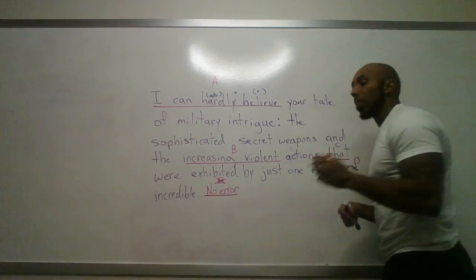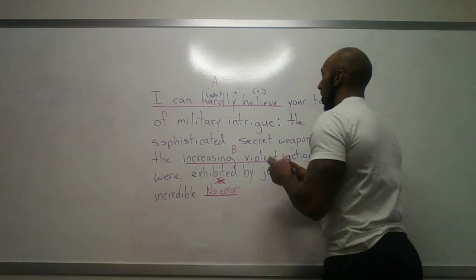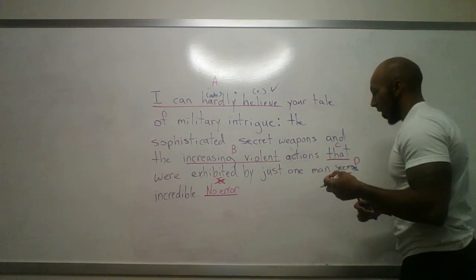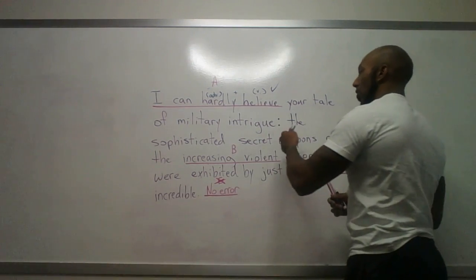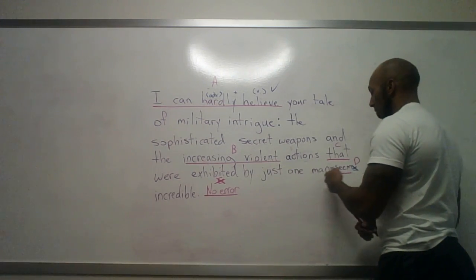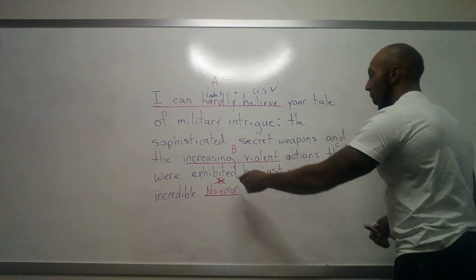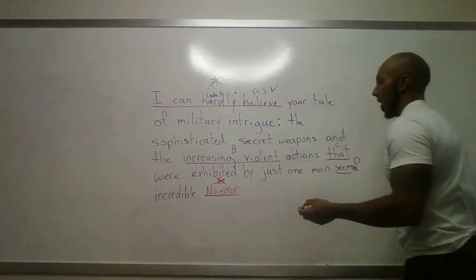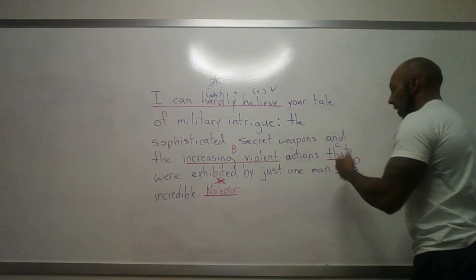So as it were, this is correct. Now let's look at the rest of it. Military intrigue, the sophisticated secret weapons, and the increasing violent actions that were exhibited by just one man seem incredible. Well, we know there's an error. We know this is okay, so the answer is not A. We can eliminate that. So we have to choose between B, C, and D.